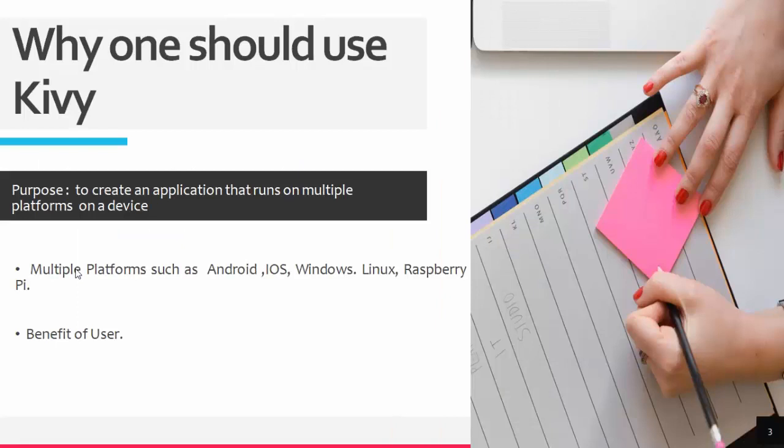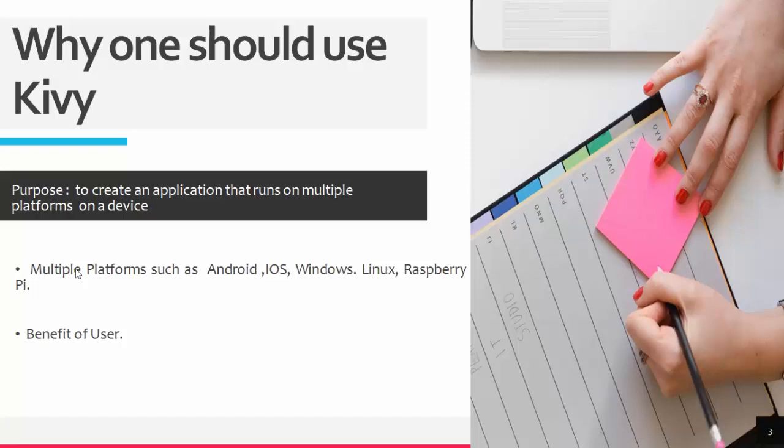Let's see now why one should use Kivy. As we have different programming languages, different libraries, and all the stuff already available, why I should use Kivy is one of the main questions. The purpose is to create an application that runs on multiple platforms on a device. The Kivy advantage is multiple platforms such as Android, iOS, Windows, and Linux.